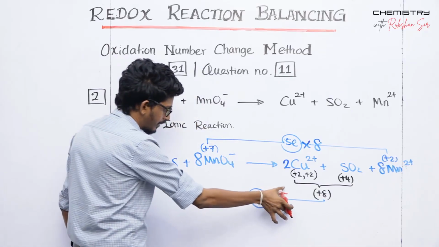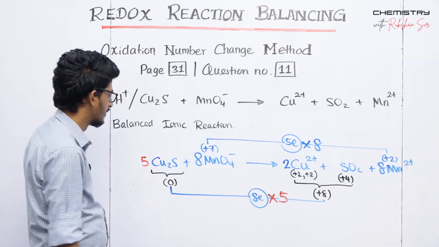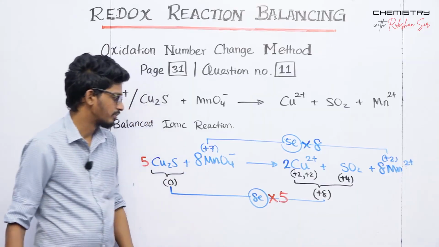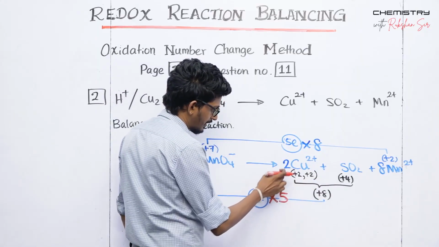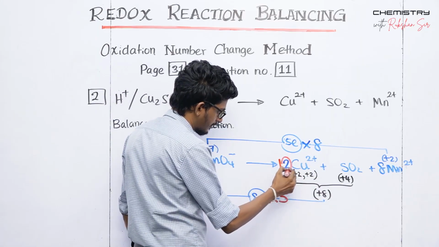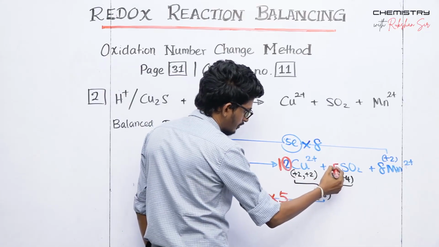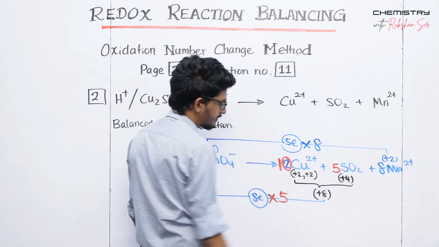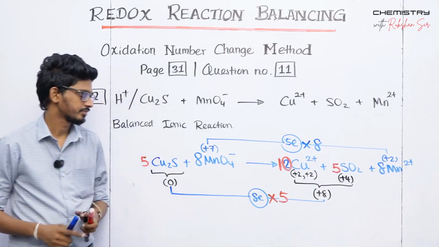So multiplying with 5 means you need to come up with 5 here. All the chemicals in the branch should be multiplied with 5, and for these two guys, you should multiply the 2 with 5, so it becomes 10. And this thing also should be multiplied by 5. That is the balancing of oxidation states.